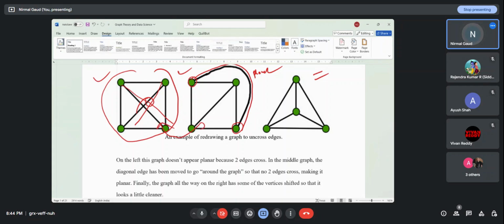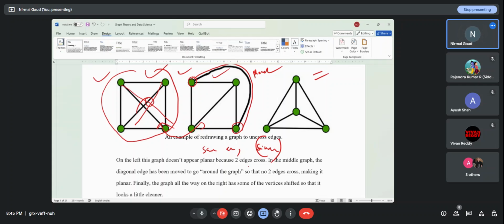We have four vertices here and four vertices here, the same number of edges, and they are connecting the same nodes. Obviously they share similarity, but see the structure, there is a change in the structure.